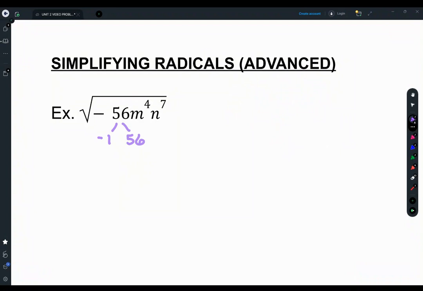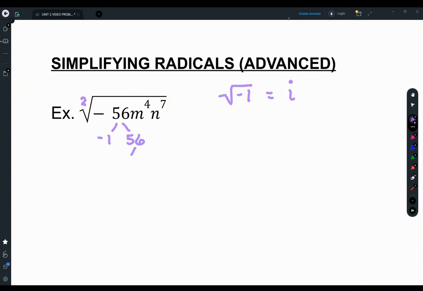From this point on, when we have a negative underneath the root, and it's an even root, notice that we don't have anything written here, so it's a 2, but this also holds true for 4, 6, 8, anything that's an even root. When you see the square root of a -1, that is now going to be i, which is an imaginary number. And we're just going to try to remember that from this point on.